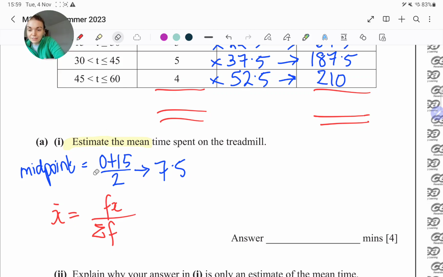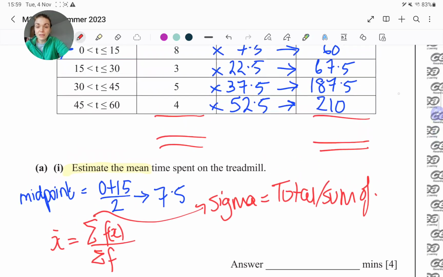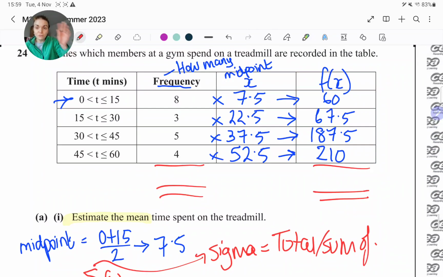Sigma in maths just means total or sum of, so we're just totaling up.